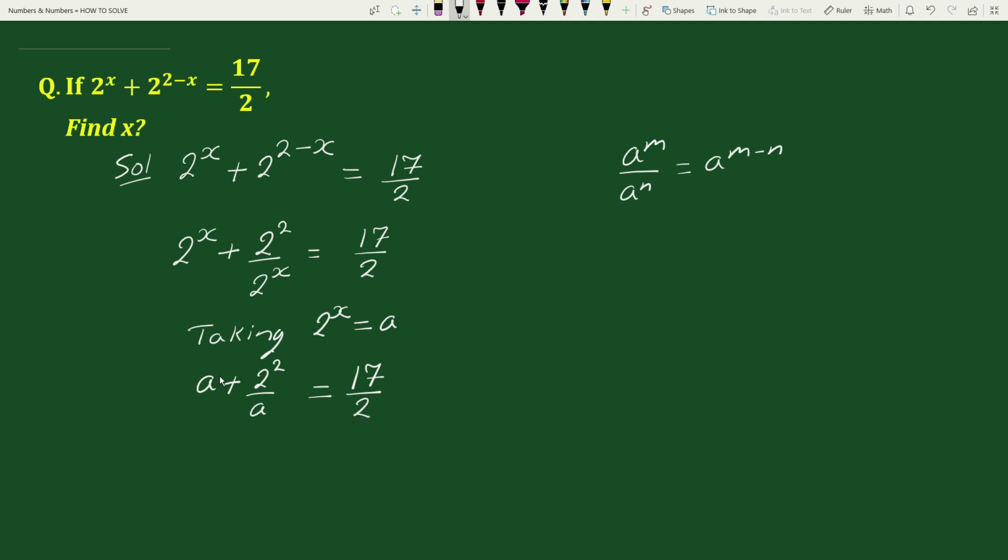Now the denominator of this a is 1, so the LCM of 1 and a is a. 1 will divide a times, so a times a will be a square, plus this a will divide this a 1 times, so 1 times 2 square will be 2 square, equals 17 by 2.